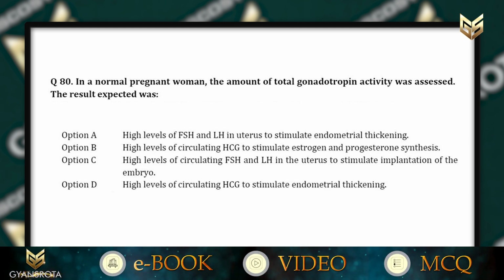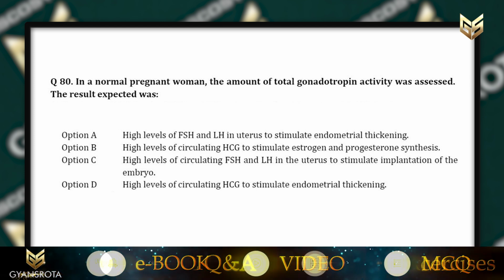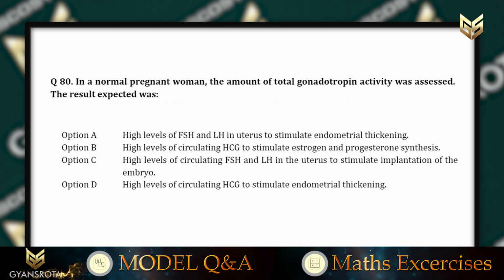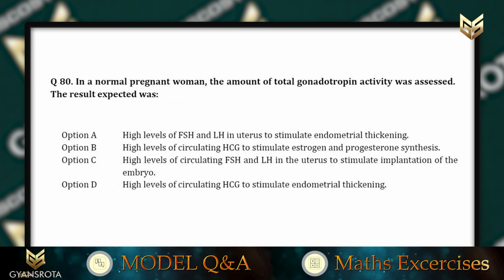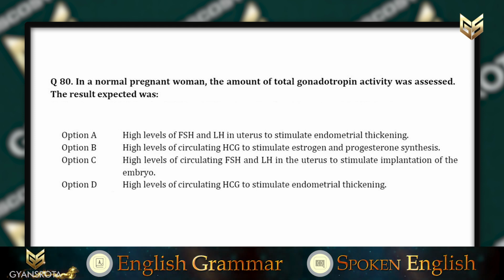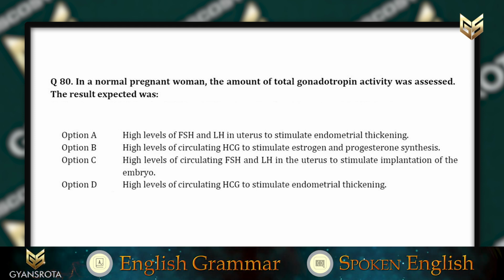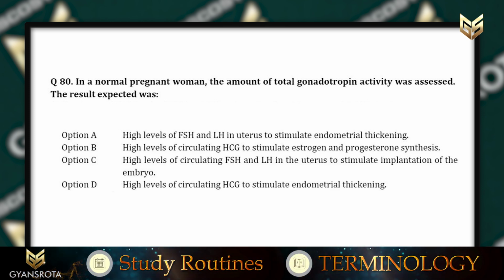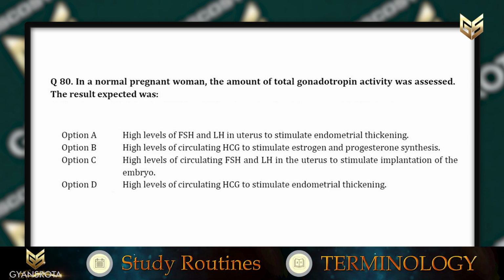Option number B, high levels of circulating HCG to stimulate estrogen and progesterone synthesis. Option number C, high levels of circulating FSH and LH in the uterus to stimulate implantation of the embryo. Option number D, high levels of circulating HCG to stimulate endometrial thickening.